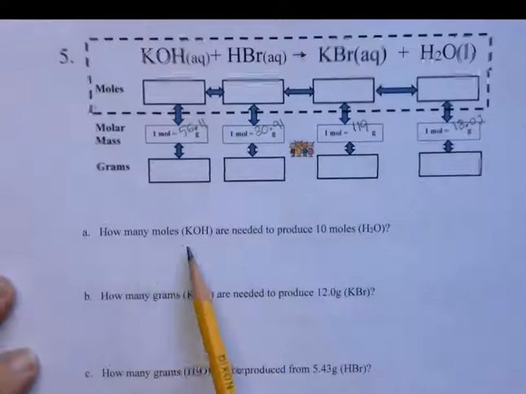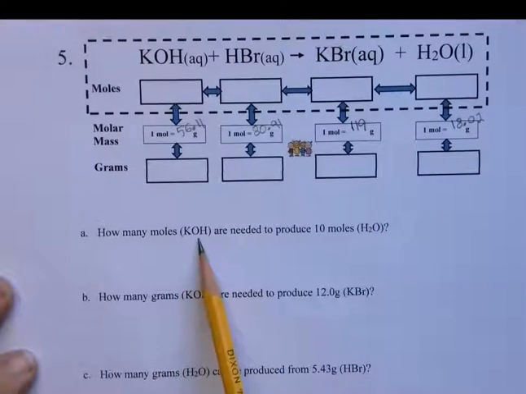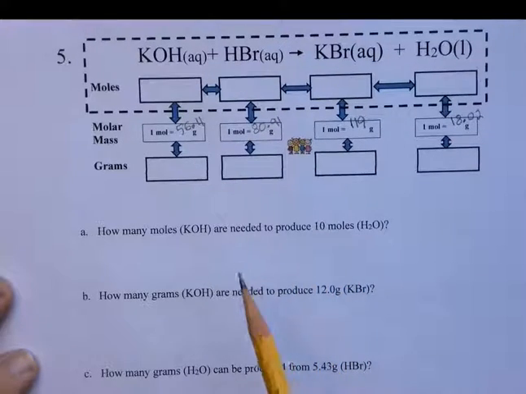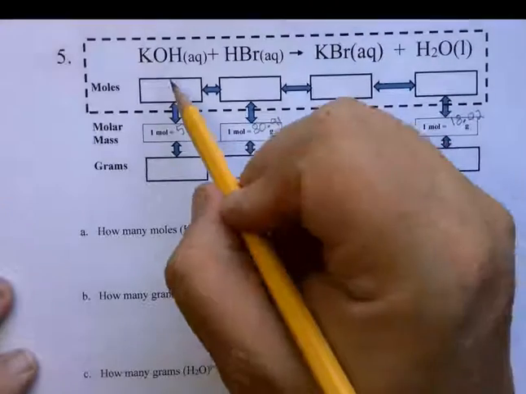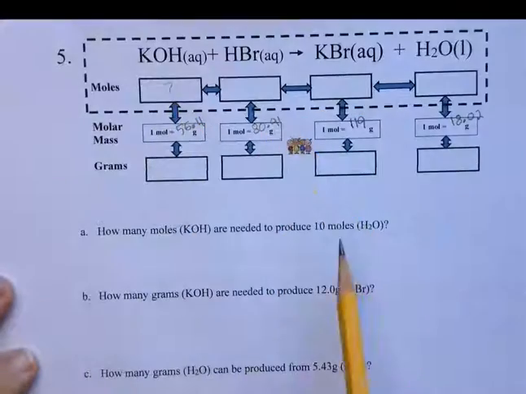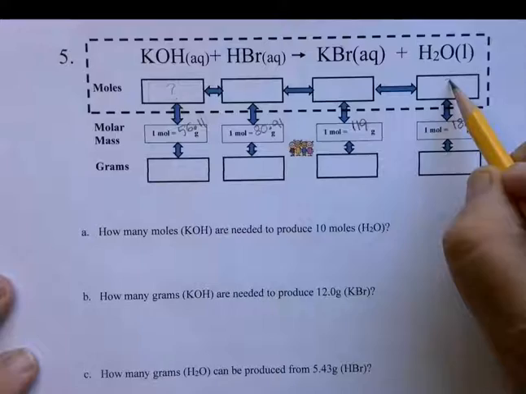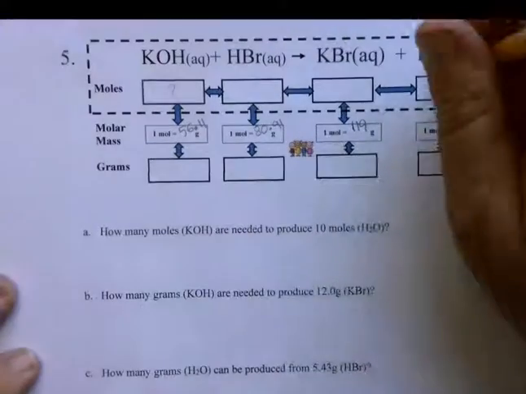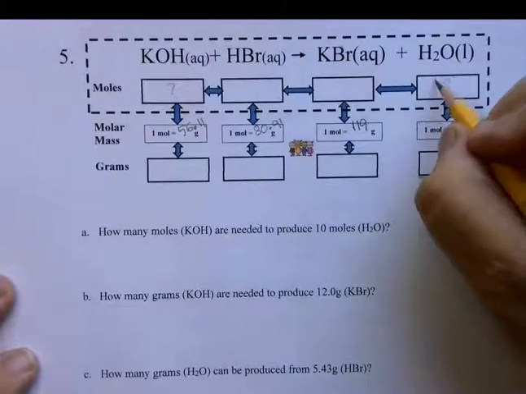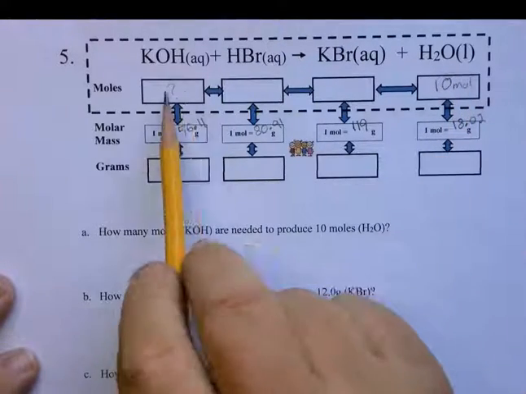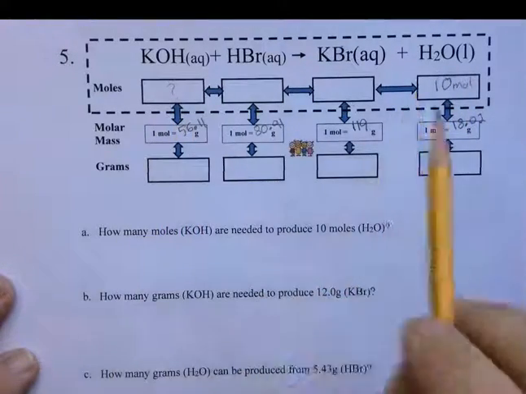So how many moles of potassium hydroxide are needed to produce 10 moles of water? So we're starting out with moles of KOH. That's the question mark here. And we want to get the moles of water. There's the 10 moles. We actually have the number of that. So that's 10. So that's a single conversion from moles to moles.